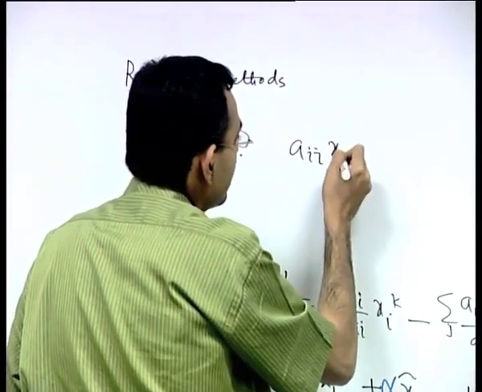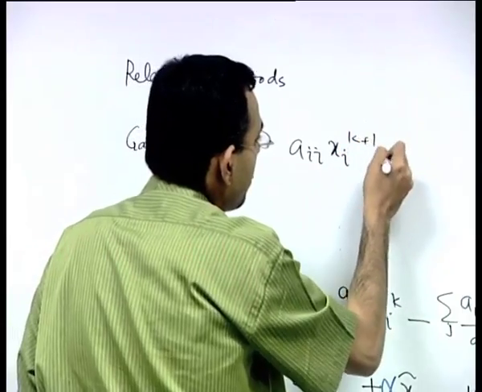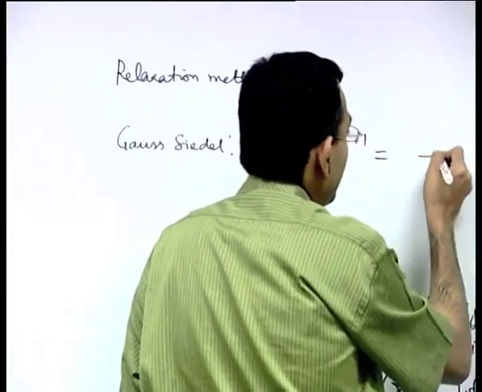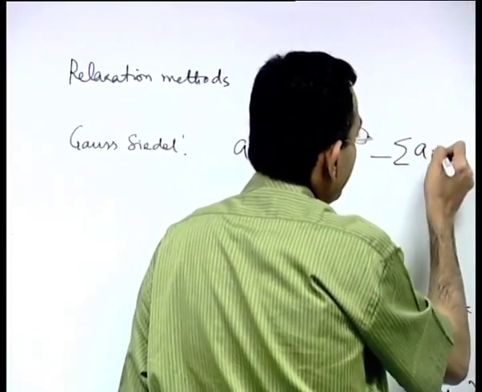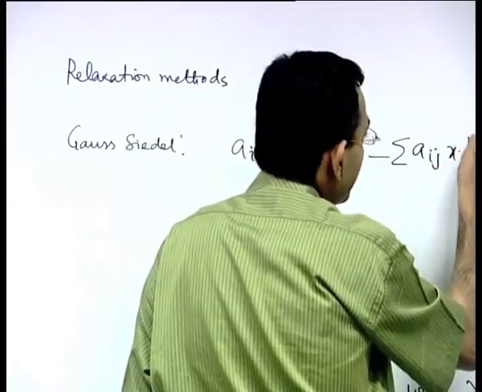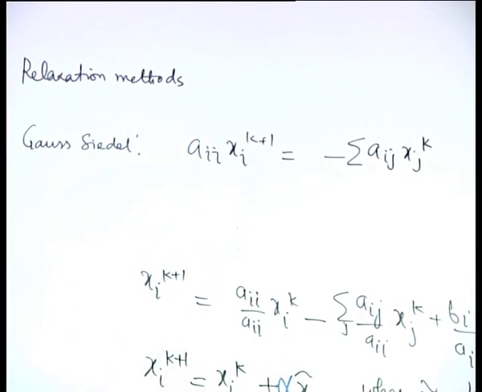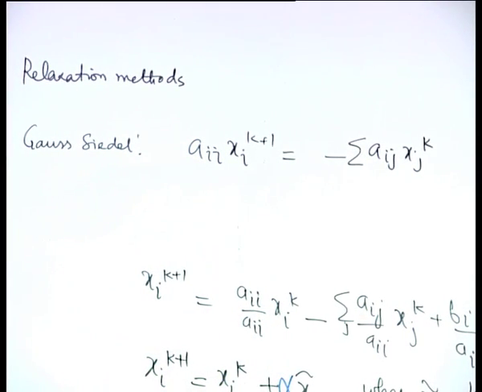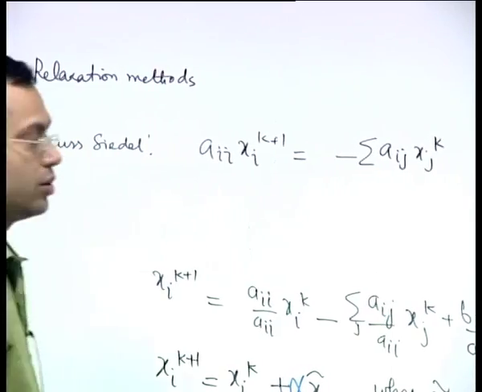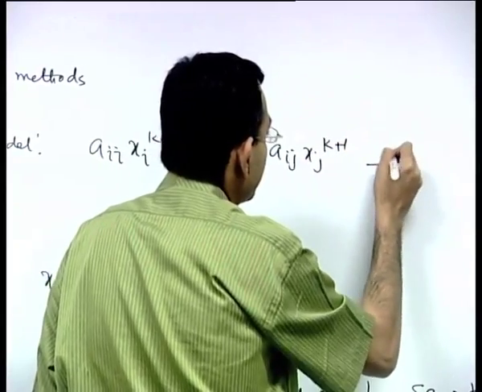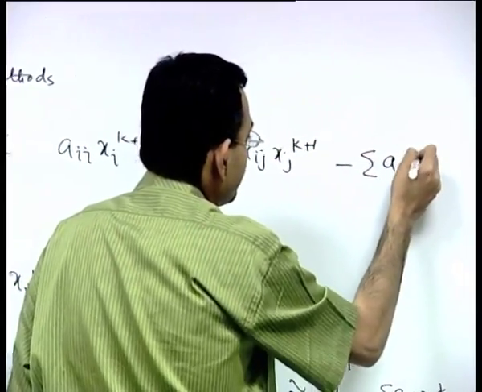aii xi k plus 1 is equal to, now there are two parts, minus summation of aij xj, one is k plus 1, another is k.